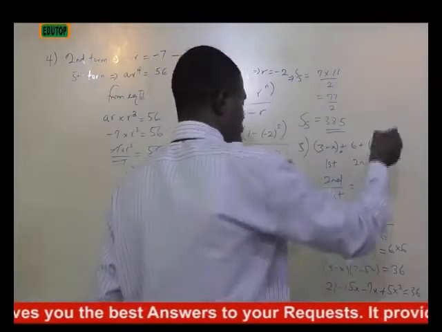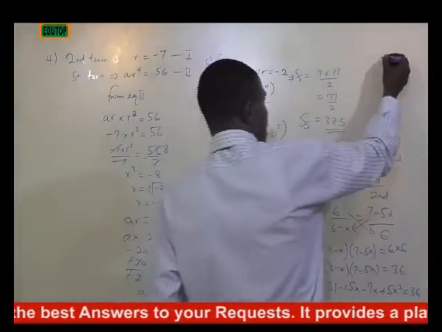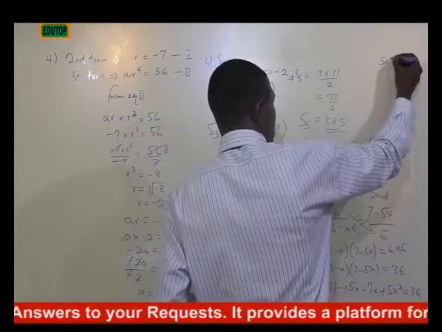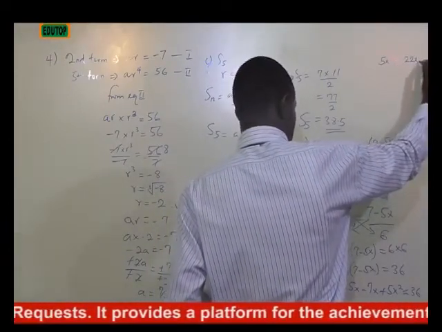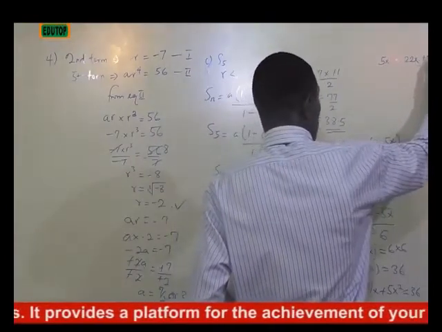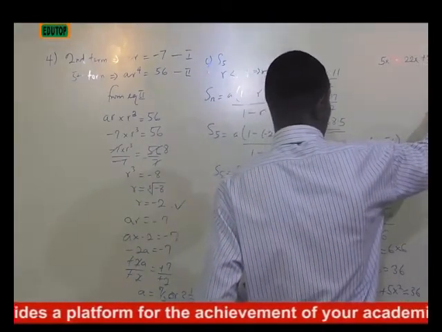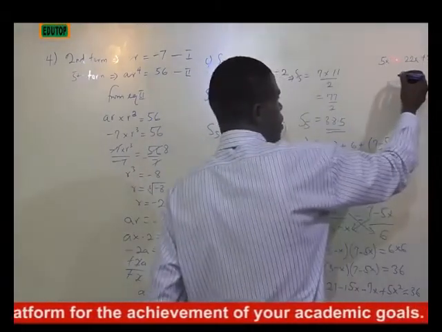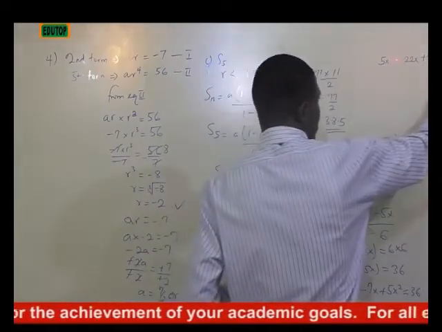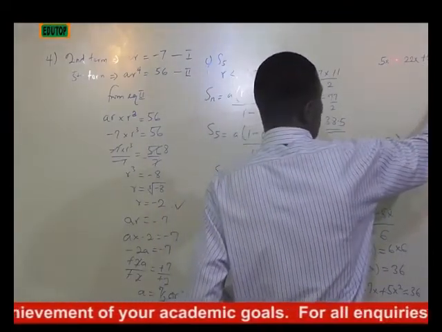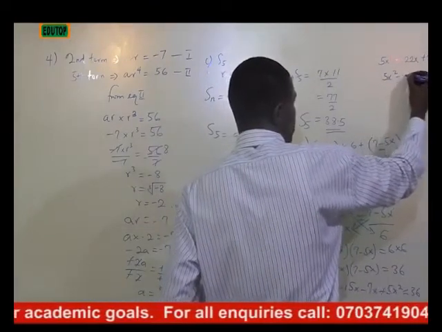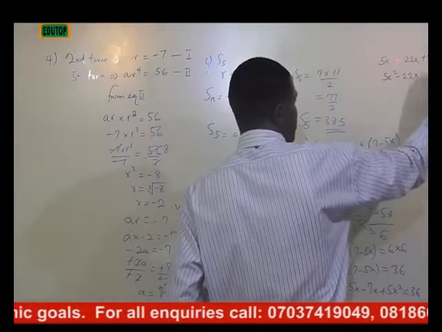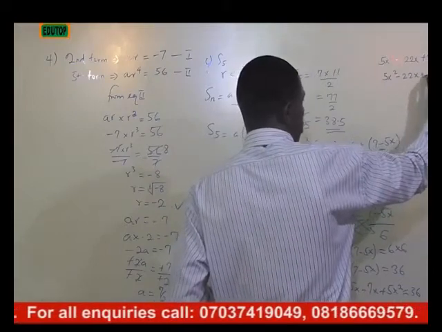Then we move further, we realize that we can rearrange this by saying 5x squared minus 22x plus 21 equals 36. By making this a quadratic equation, we make it 5x squared minus 22x plus 21.